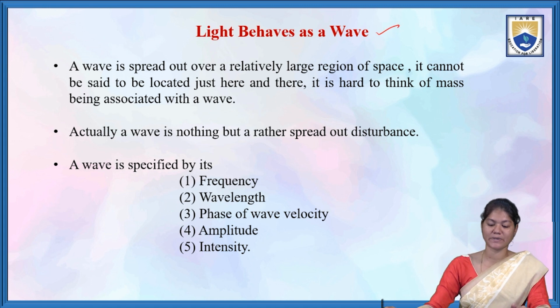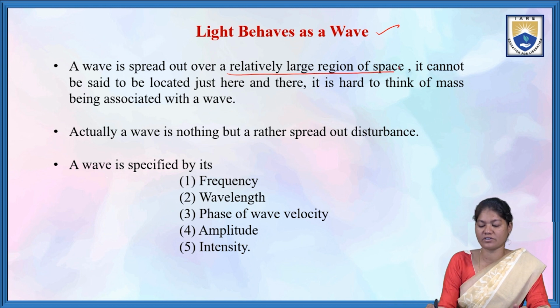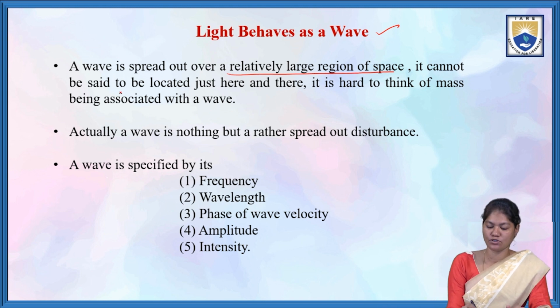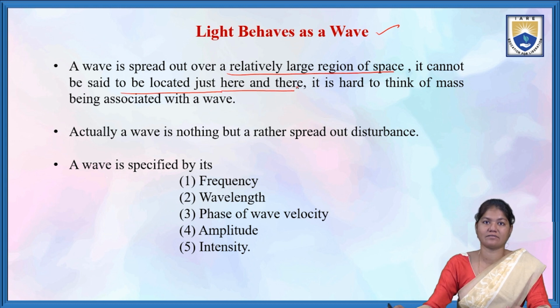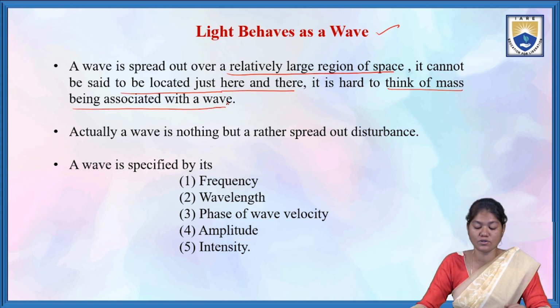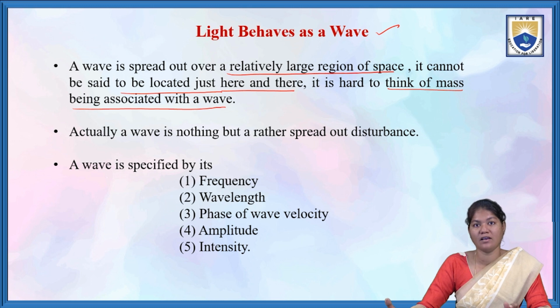A wave is spread out over a relatively large region of space. It cannot be said to be located just here and there, and it is hard to think of mass being located or associated with a wave.